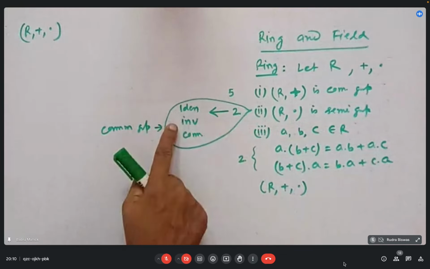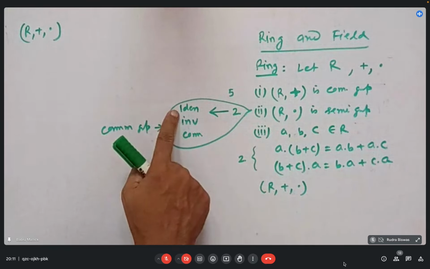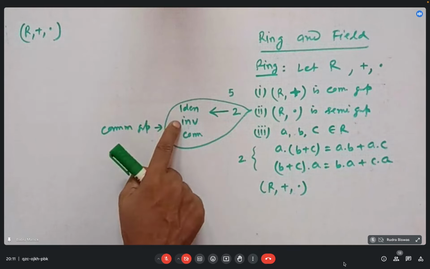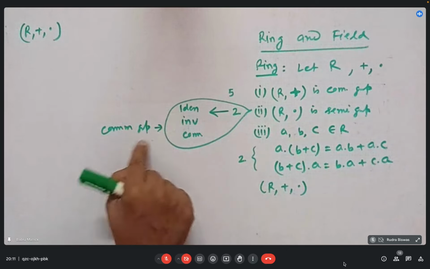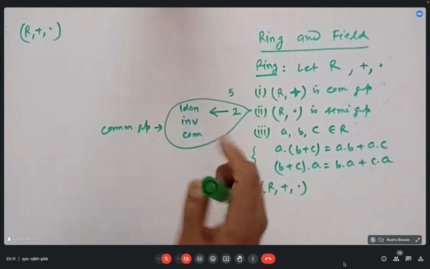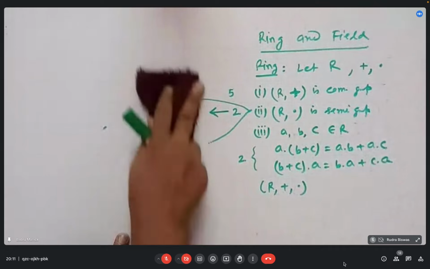If only the commutative property holds, then it is a commutative ring. If an identity element exists under the operation dot, then it is a ring with identity element. And if inverse, identity element and commutativity hold, then we say it is a field. So write an independent definition of field.